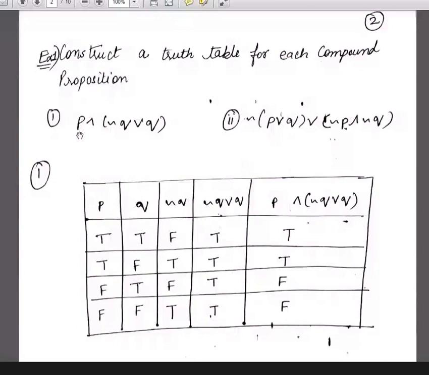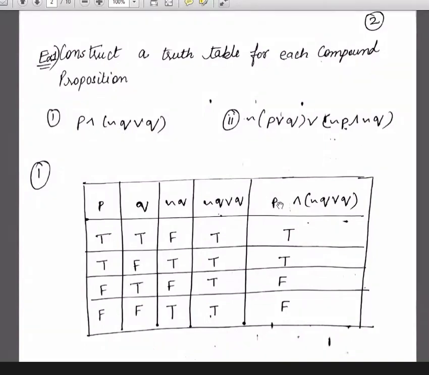Look at the same variables with different signs: Q is there and negation Q is also there, so you can write negation Q in the third column. And for the bracket, negation Q or Q, you can write it in the fourth column, and then in the fifth column, the final, P and this.